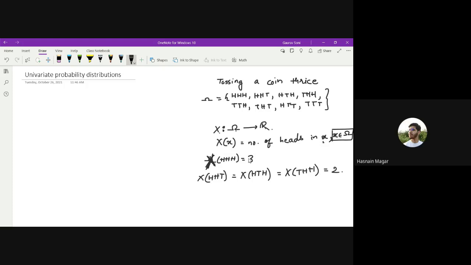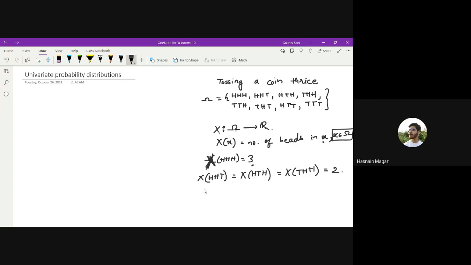So what is 3 basically? It's the number of heads. If you take an element from this, X of that element is equal to the number of heads. So if I take X of HHH, the number of heads is 3. Okay, got it.